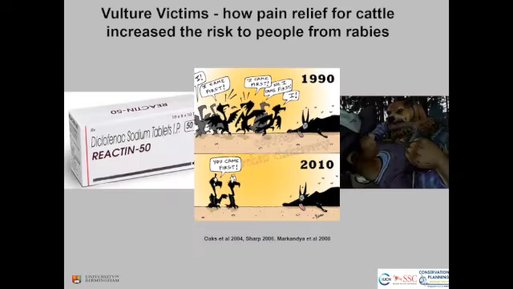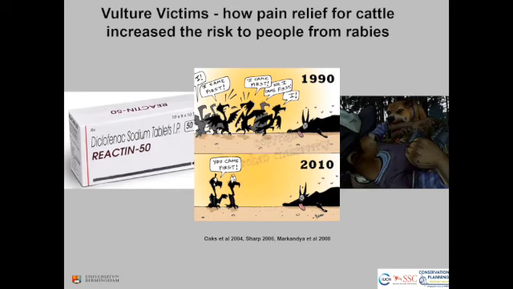And finally, this is an example that has now been risk assessed through colleagues down in London at the IVC and Zoological Society of London. This is a situation where unforeseen consequences occurred in India, where the pain relief diclofenac, used in cattle in India and around the world, caused secondary toxicity in the wild vultures, because they were feeding on the cattle carcasses.